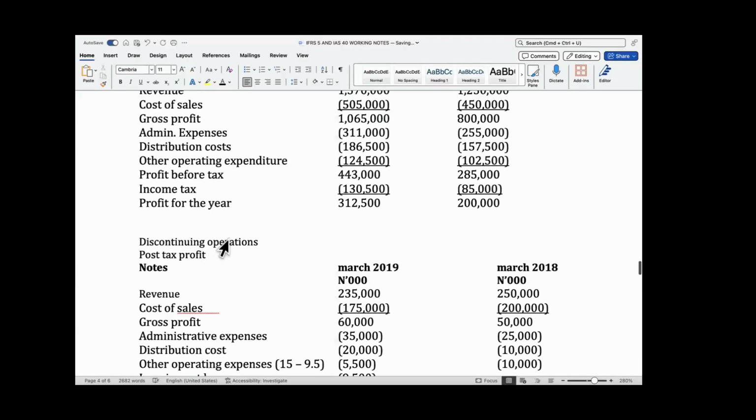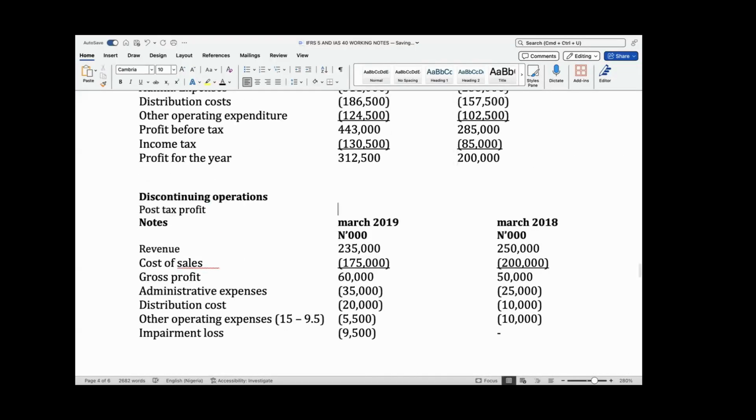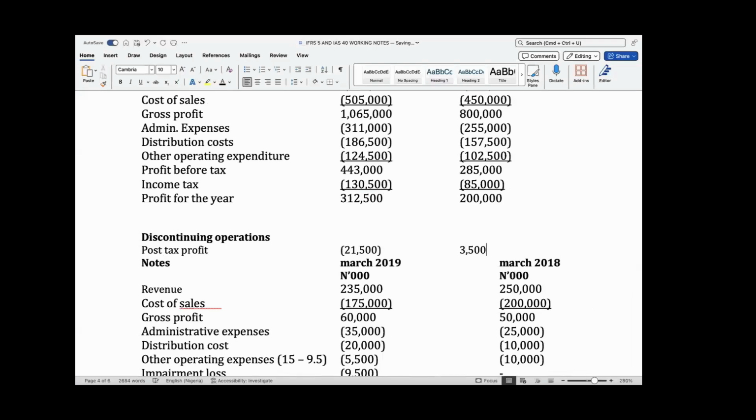So I can come here, discontinued operations, loss of 21,500, and this will give me 3,500.